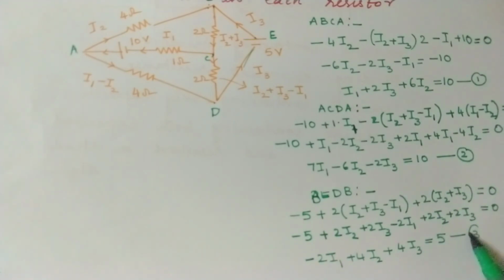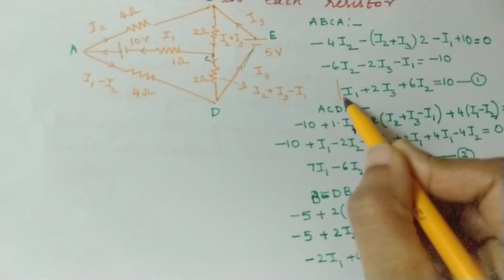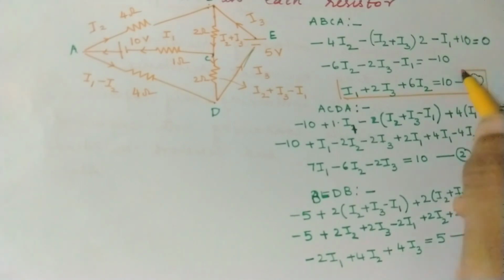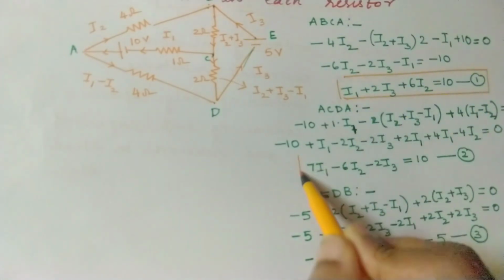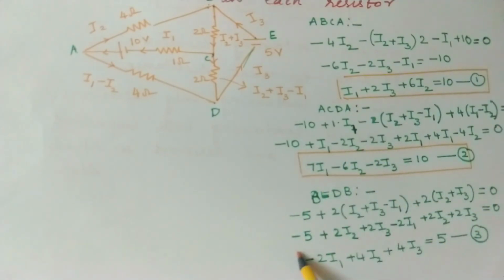Call this equation 3. See, by applying Kirchhoff's law for three loops, we have got three different relations relating I1, I2 and I3. This is your first equation, this will be your second equation, and this gives you the third equation.